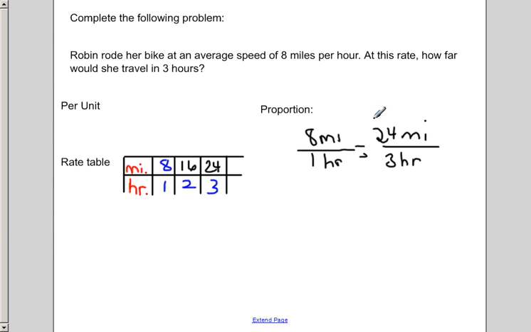So this side of the equation is the original rate, and this side of the equation is our equivalent rate. So it gives us the number of miles that Robin rode in 3 hours.